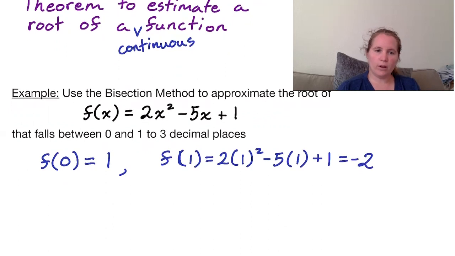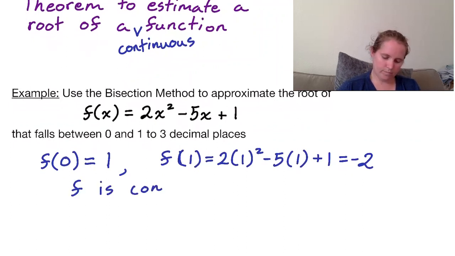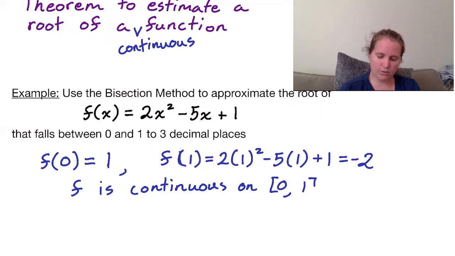And then we also know that f is continuous on the whole real number line, it's a polynomial. So more precisely, it's continuous from 0 to 1.